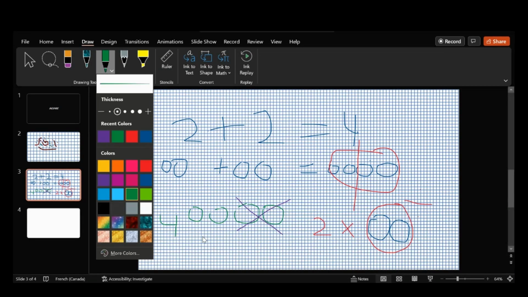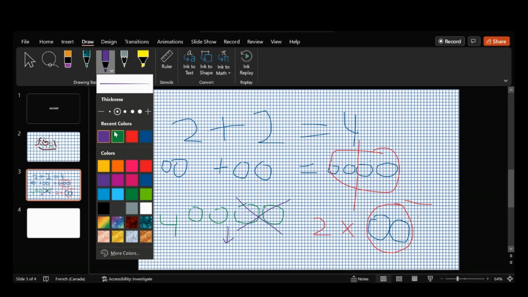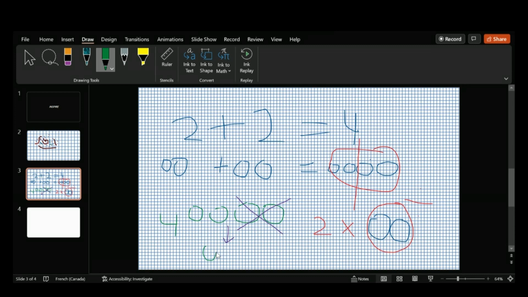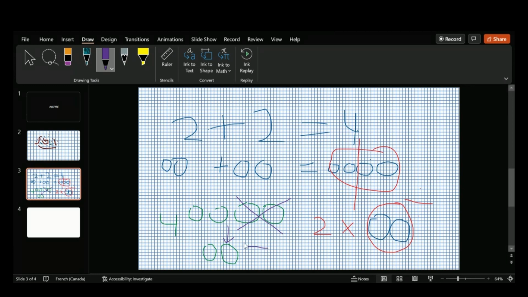Well, we have left 2 circles. So that's subtraction. We subtract 2, and how much do we have left? We have left 2, which equals 2.